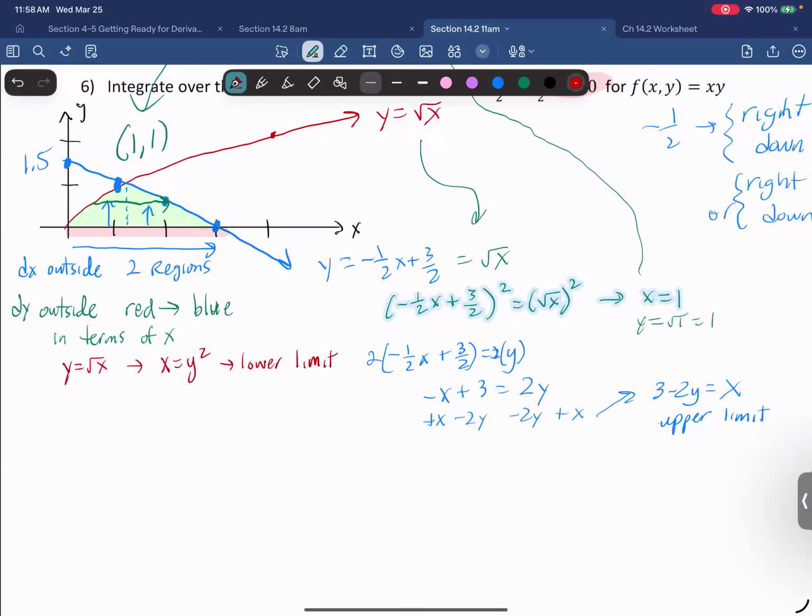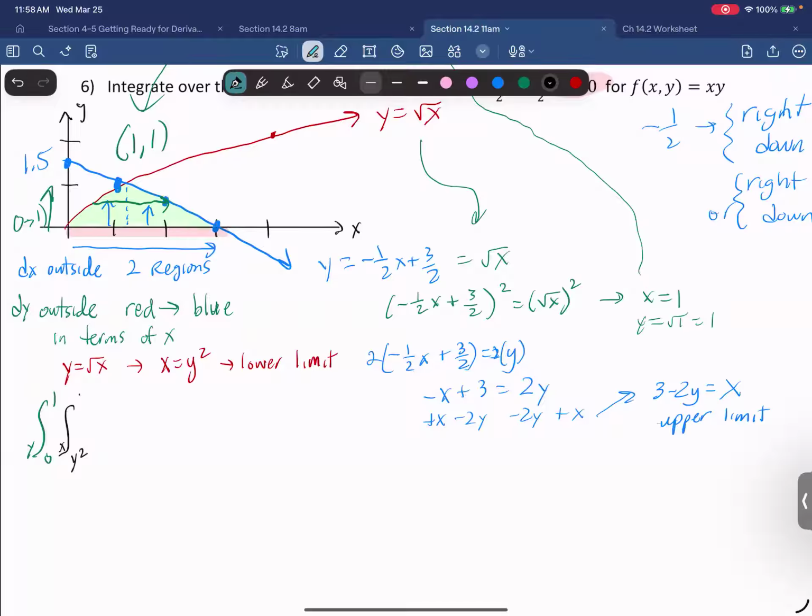So we said let's opt for the dy on the outside. Dy on the outside means what is y doing? Y is doing 0 to 1. And then my inside, we just got done talking about it. The lower limit was the red line, which is y squared.